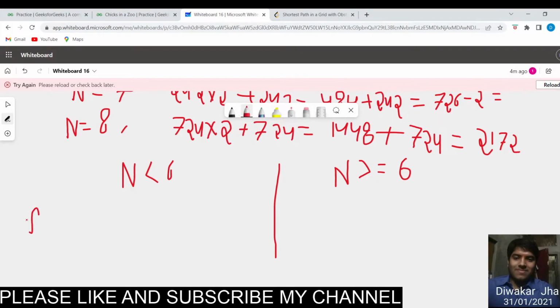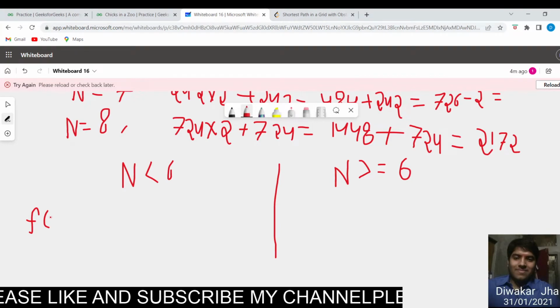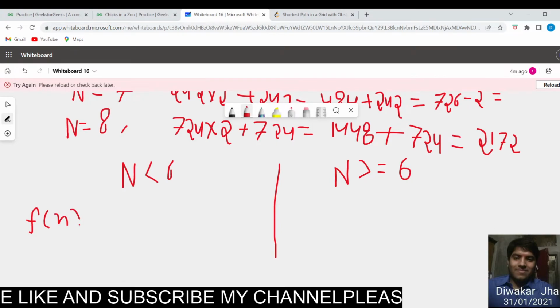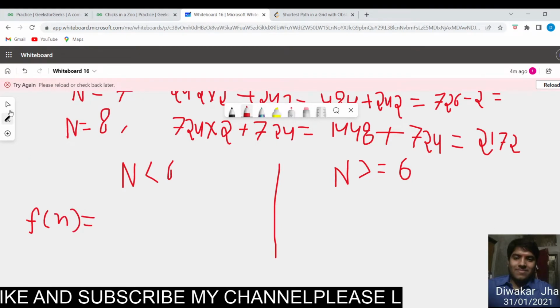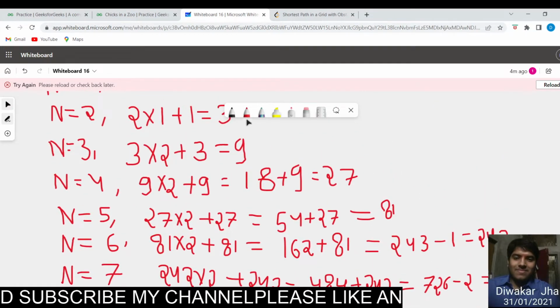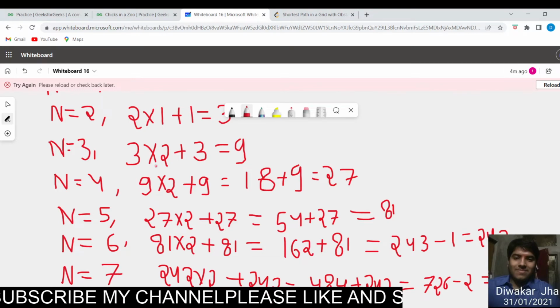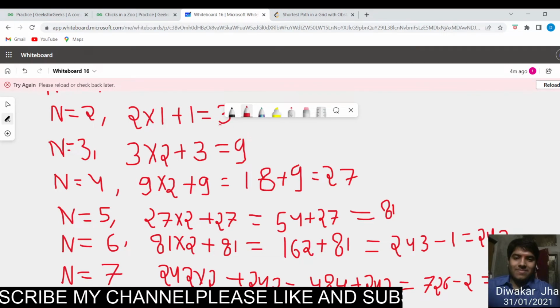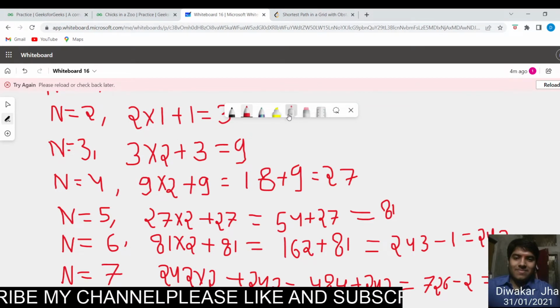Our function, suppose it is fn, how is it working? We simply multiply the previous value by 2, and add the previous value.